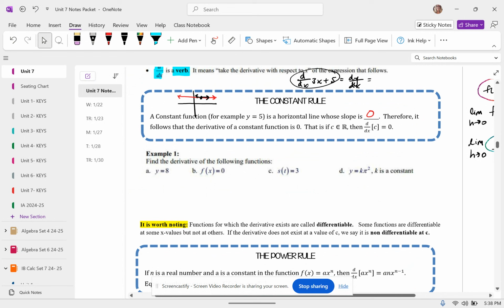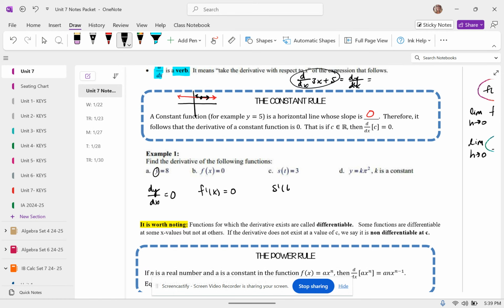Example 1, find the derivative of the following functions. So just visually, I see that all of these are constant functions. So I'm going to just play with the notation here now. So dy dx is going to be the derivative of y with respect to x of 8. 8 is a constant function, so the answer would be 0. f prime of x would be 0. s prime of t would be 0.